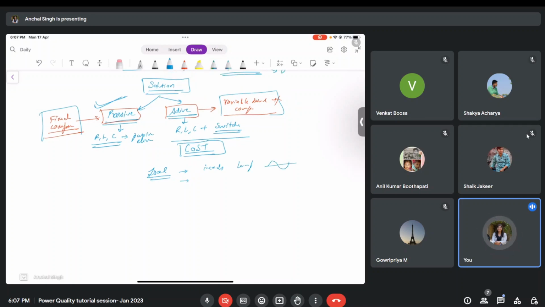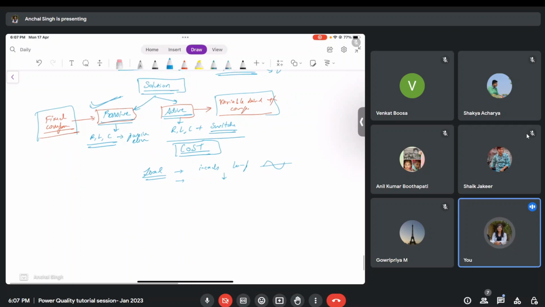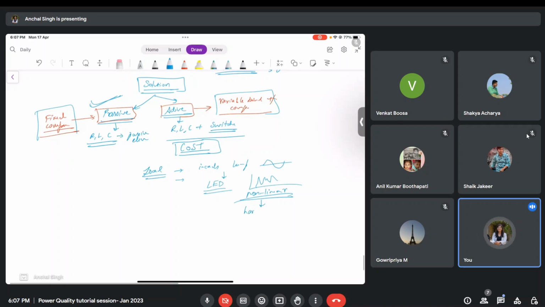But nowadays we have replaced these incandescent lamps with LED lamps and CFL bulbs, and the current that these bulbs draw is highly nonlinear in nature. And because of this nonlinear current, as we have discussed in one of the lectures, a lot of harmonics, reactive power and other power quality problems come into the picture.